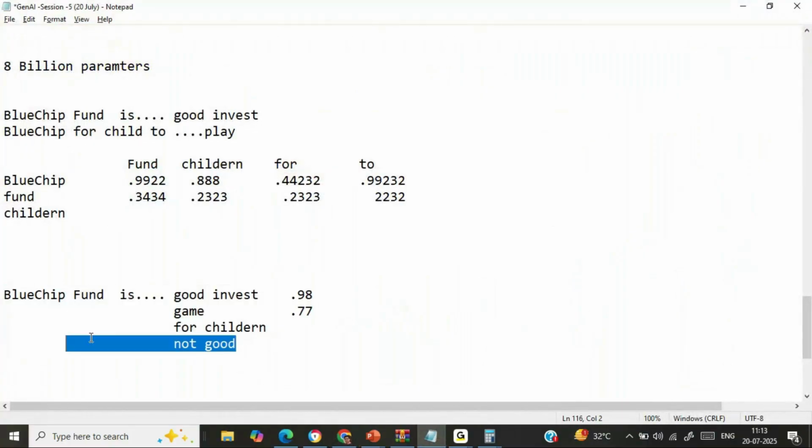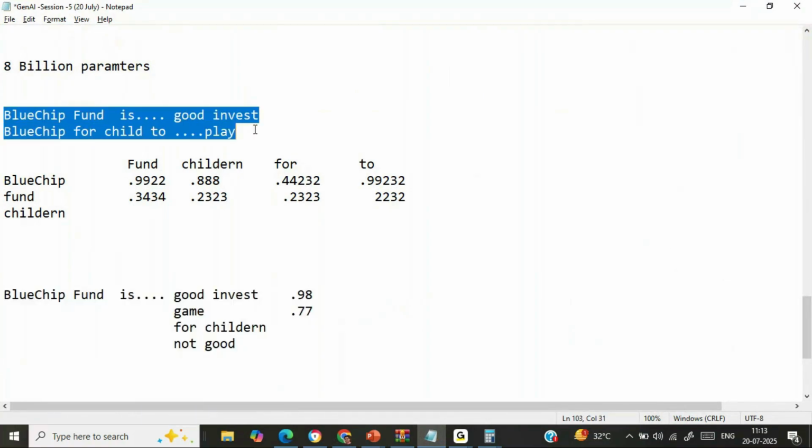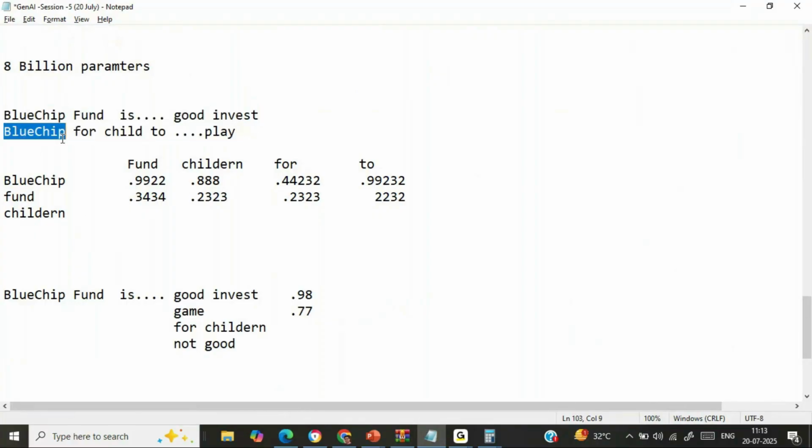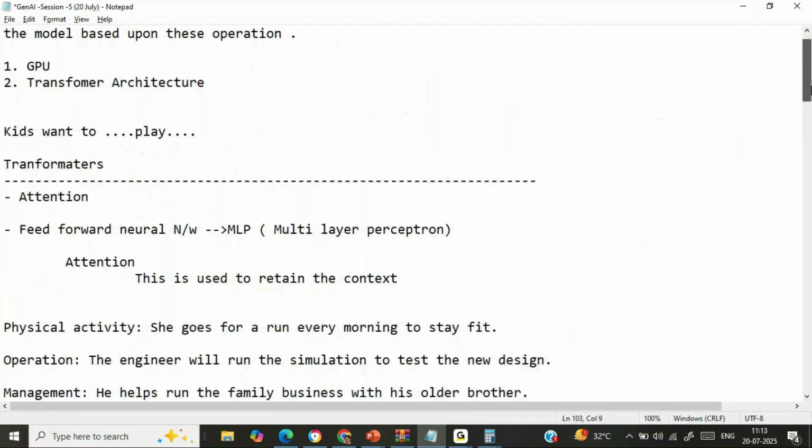Okay, so no need to worry about how it is going to take the same word in different contexts. That depends upon the attention.